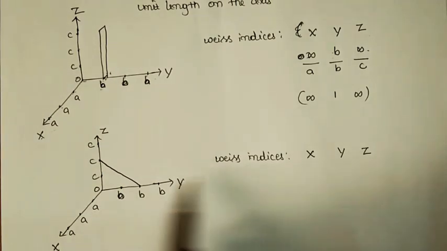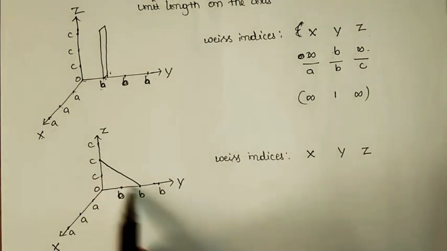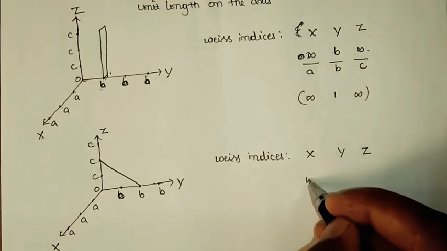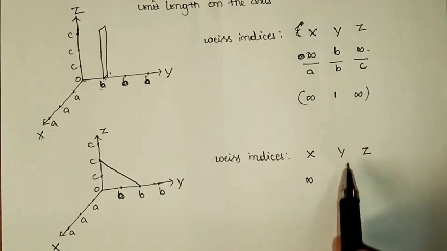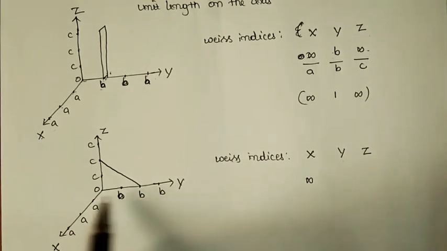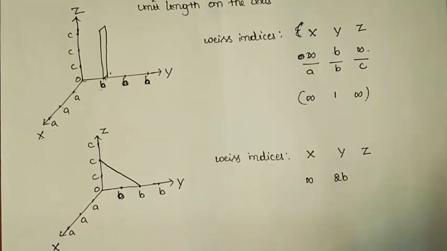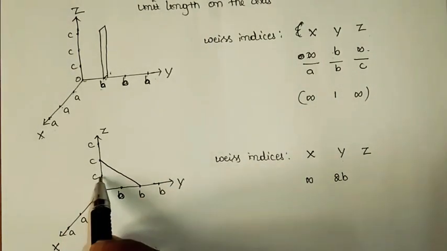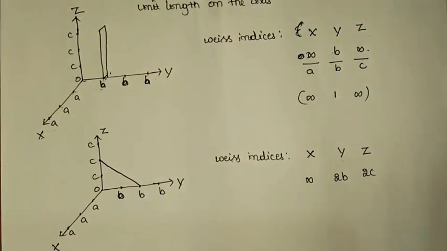So here the intercept along the x axis: there is no orientation of this plane along the x axis, so it is taken as infinity. The intercept along the y axis is 2b units, and the intercept along the z axis is 2c, right?